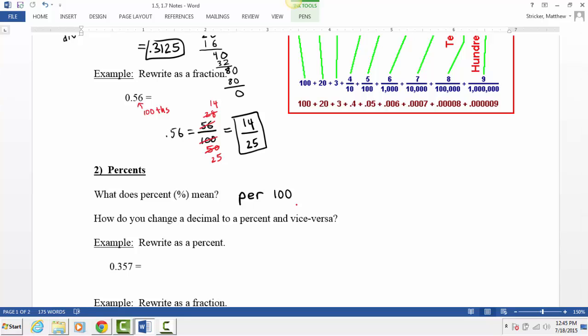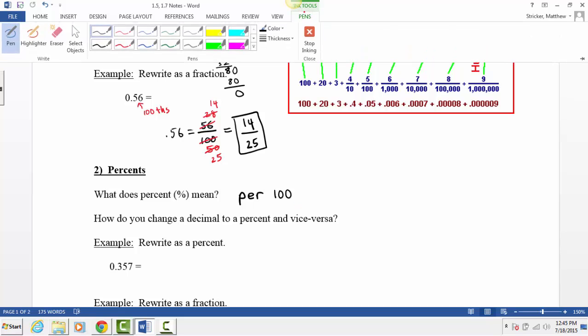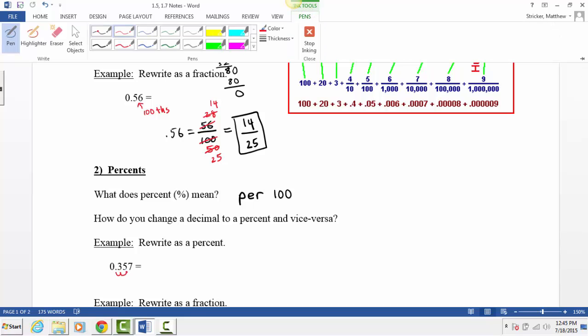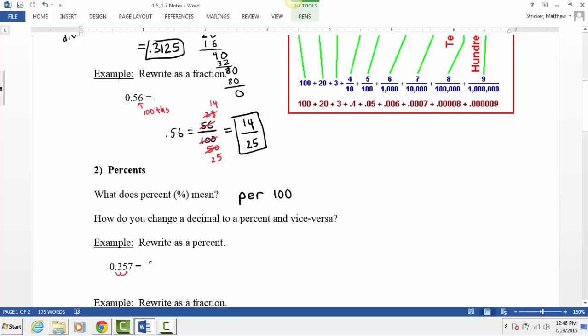Well, if we want to rewrite a decimal as a percent, we need to move the decimal place 2 places to the right, just like that. So this is going to be 35, and now the decimal is after the 5, so it's 0.7%.